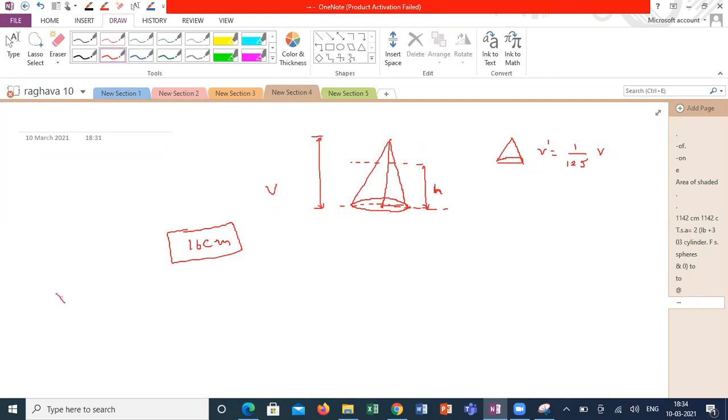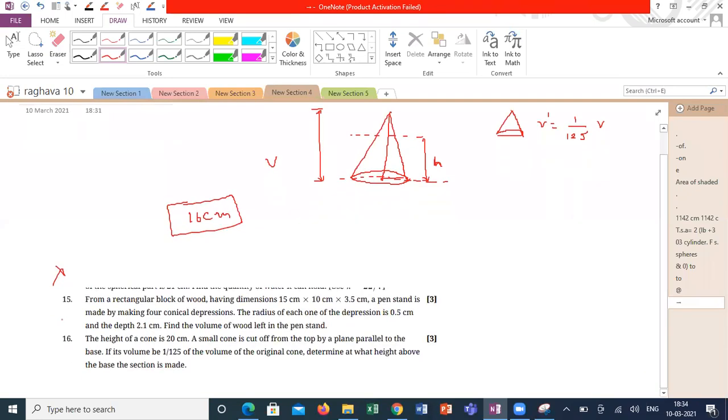The total height is 20, and suppose he is cutting at a height, and the small cone's height is x. So V is the volume of the original cone; the small cone is cut off. The height of the cone is given, the radius is not given.